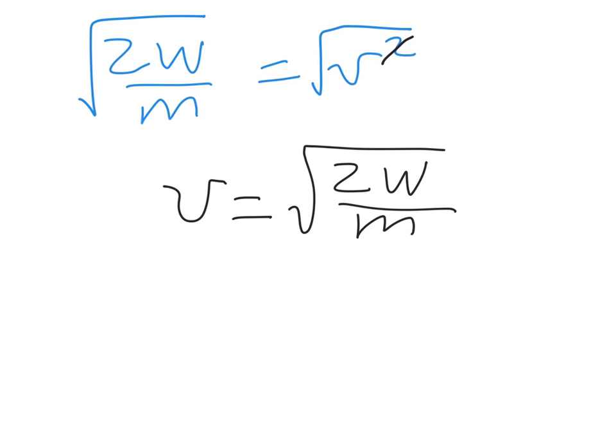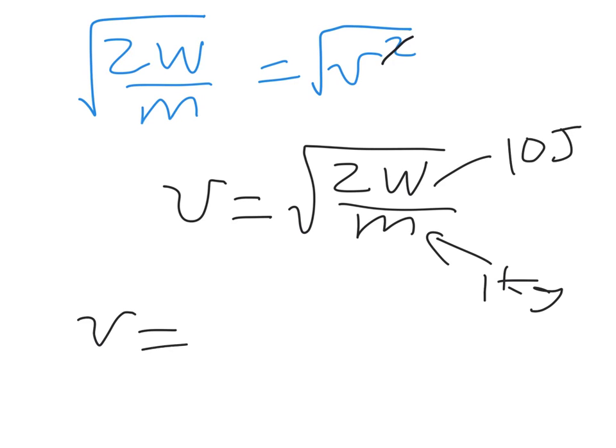The velocity works out to be the square root of 2 times the work divided by the mass. And so let's say our mass is equal to 1 kilogram, and we already said that our work was equal to 10 joules. And so we could say that the velocity would be equal to the square root of 2 times 10, which would be 20 joules, divided by 1 kilogram.